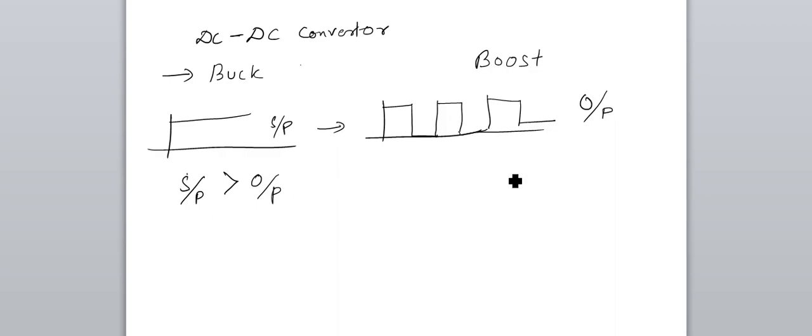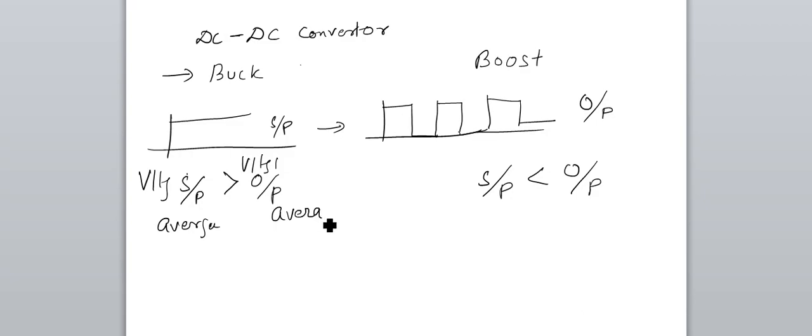Next, if your input is less than your output, that is boost, and we are talking about voltage. We are dealing with the average value of the input voltage and the output voltage, not the RMS value.